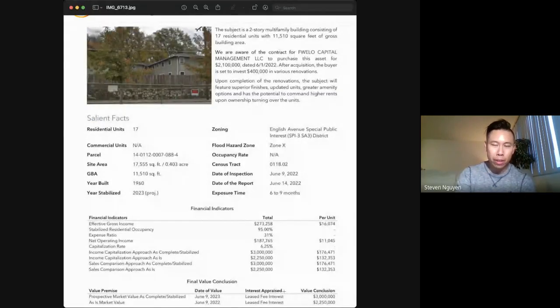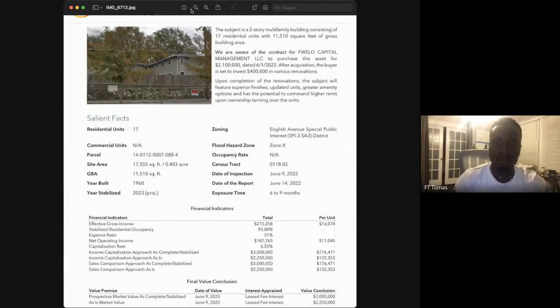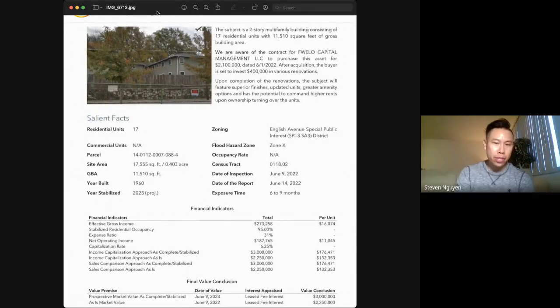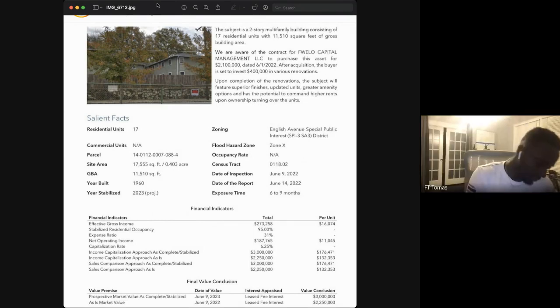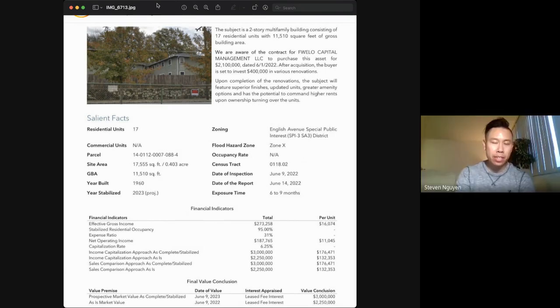So basically, you got a $2.1 million loan, right? So if you put down 25%, you basically need about 525K down. Write that down for me. And then your loan is going to be 75% of 2.1 million. So at 75%, you're talking about 1.575 million.